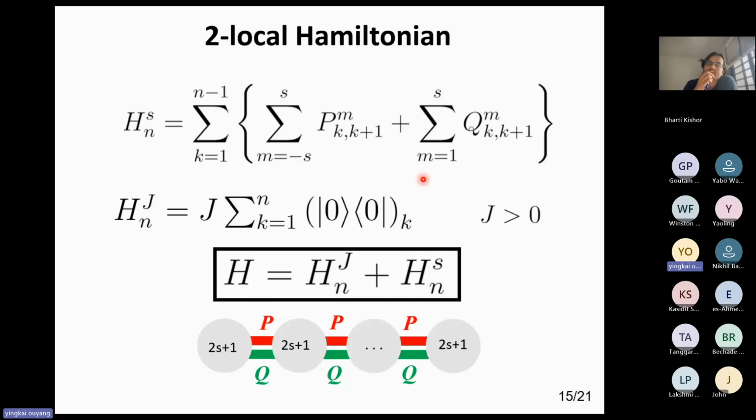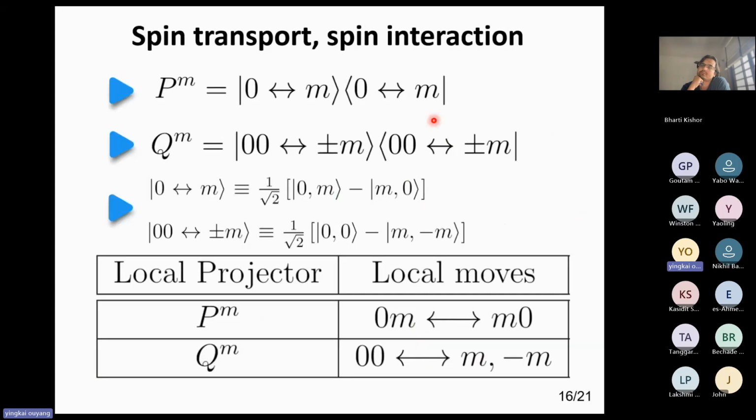Then we consider this Hamiltonian with these p hopping terms and q hopping terms, and with some local penalty over here, which can be imposed by some magnetic field, for example. These hopping terms basically take the 0 symbol to the m symbol, and the q hopping terms essentially swap the 0, 0 to the plus-minus m states.